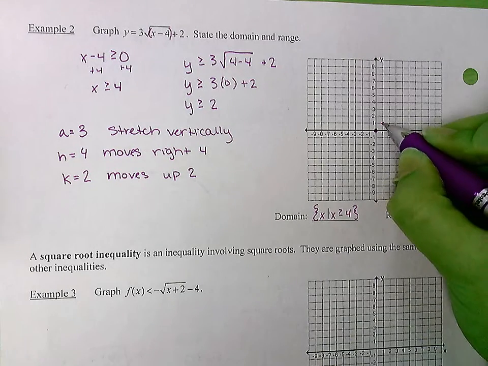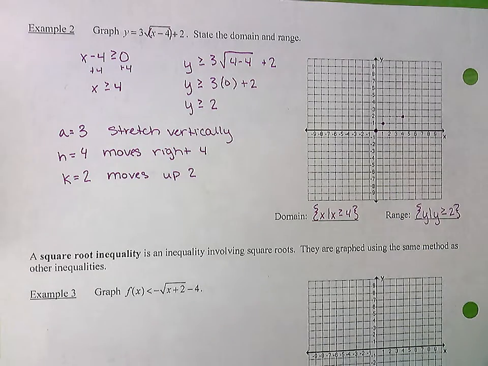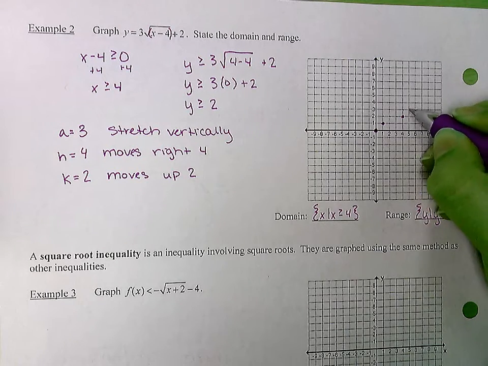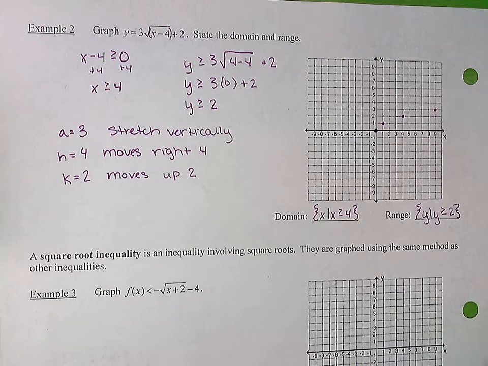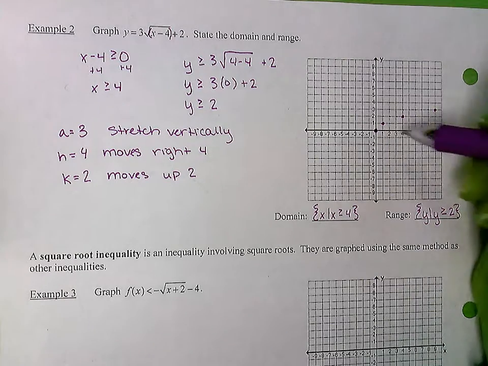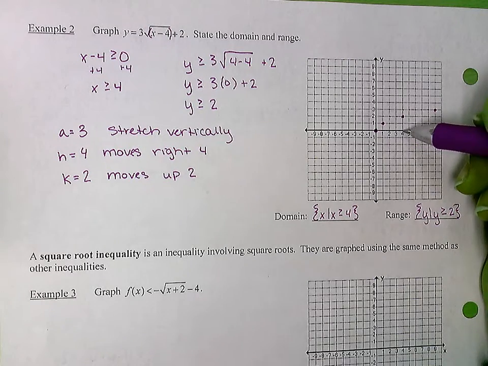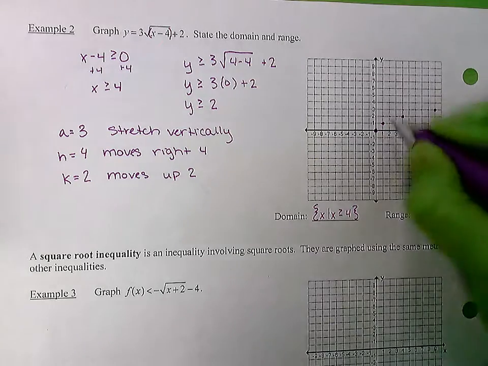Your next point from there goes up 1, right 3. From there, it's up 1, right 5. If I plugged in 9, what's the square root of 9? 3. If I plugged in 1, the square root of 1 is 1. If I plugged in 4, the square root of 4 is 2. This is your parent function.